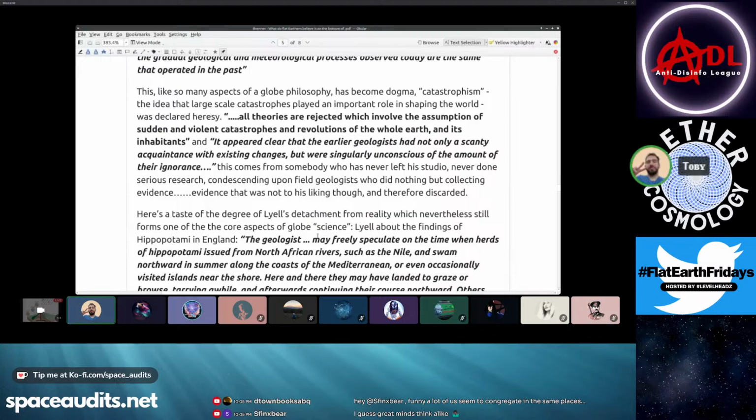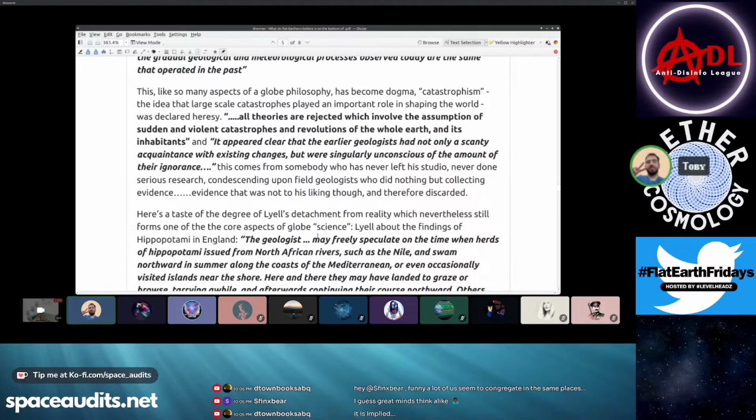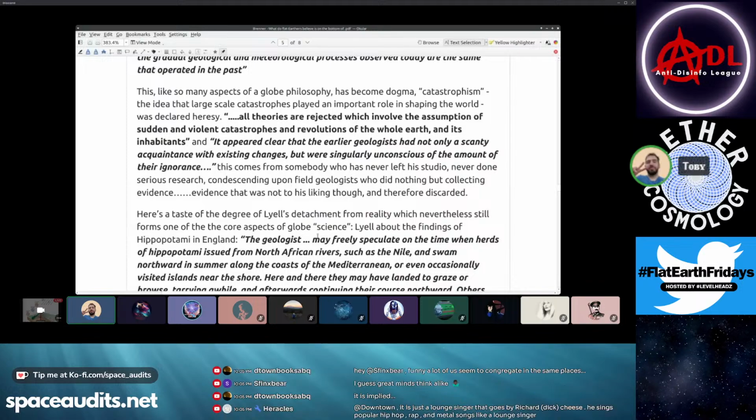Catastrophism, the idea that the large scale catastrophes played an important role in shaping the world, was declared heresy. All theories are rejected which involve the assumption of sudden and violent catastrophes and revolutions of the whole earth and its inhabitants.